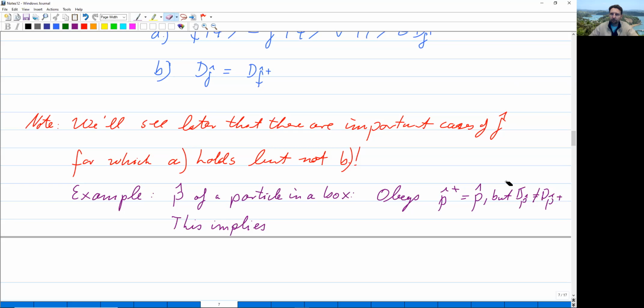So the domain of the momentum operator of the particle in the box is not the domain of its adjoint. And this implies that delta p, the uncertainty in the momentum, as we will see later on, is always larger or equal to, if I remember correctly, h bar divided by L. So you can't make the momentum any sharper than that.